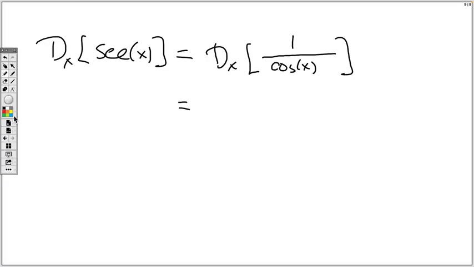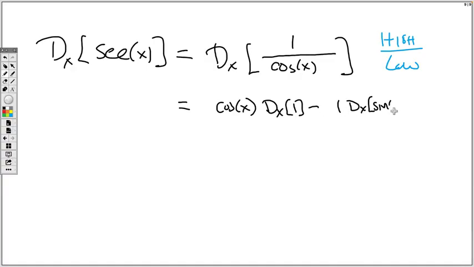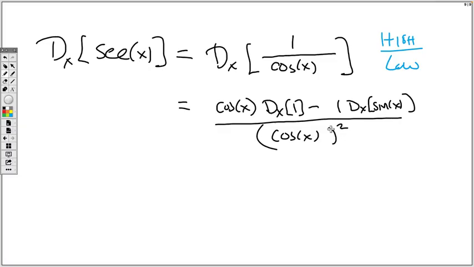So we'll do low, high. Low D high. Minus high D low. And then you square the bottom, and off you go.